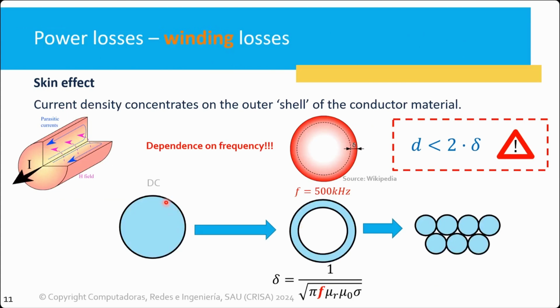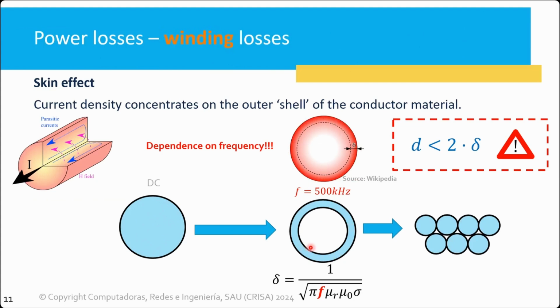In DC, we have a homogeneous distribution of the current through the conductor. Whereas when we increase the frequency, for example, to let's say 500 kilohertz, the current tends to be concentrated only on the outer shell of the conductor. This region is called skin depth. 90% of the current is flowing through this small area of the conductor.